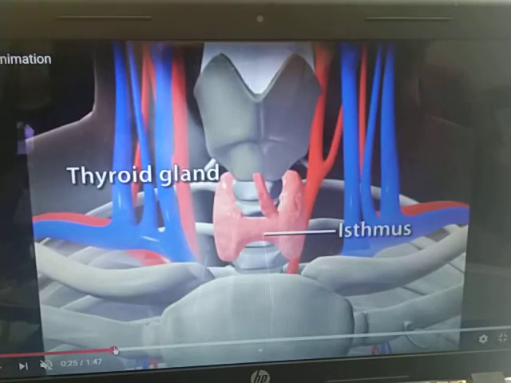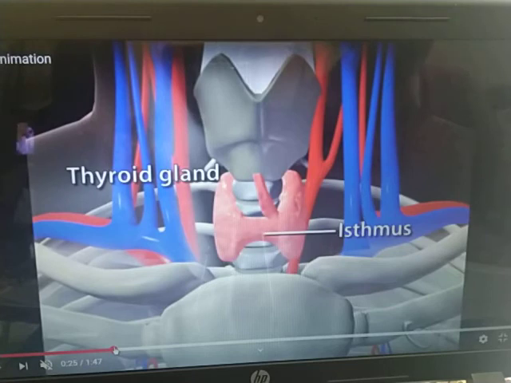The patient lacks alertness, intelligence and initiative. He also suffers from slow heartbeat, low body temperature, and retarded sexual development, and this disease can also be treated by administration of the thyroid hormone.